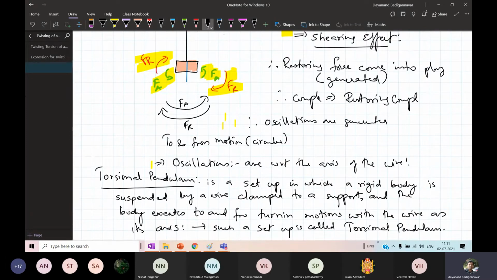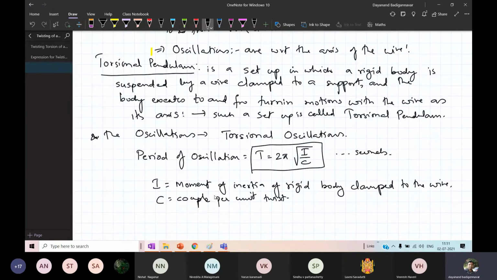Okay, so this is the case of a torsional pendulum. Now there are many applications of the torsional pendulum. We can calculate the moment of inertia. One application is to calculate the moment of inertia, MI, of an irregular body.